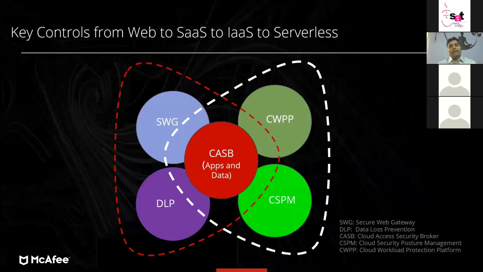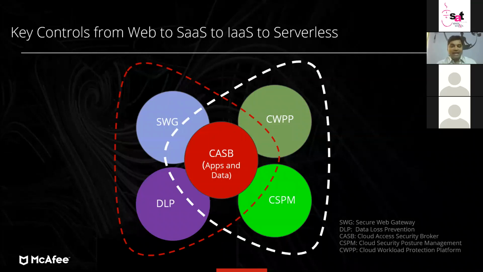So if you look at all these different threat vectors, whether it is SaaS or IaaS, what we have seen over the years is best of breed solutions like McAfee Web Proxy or McAfee DLP, or, as part of infrastructure as a service, cloud security posture management, workload protection, and then CASB. There are a lot of interrelated use cases which fall from one technology to the other.